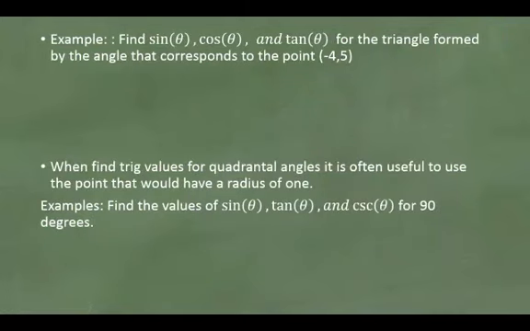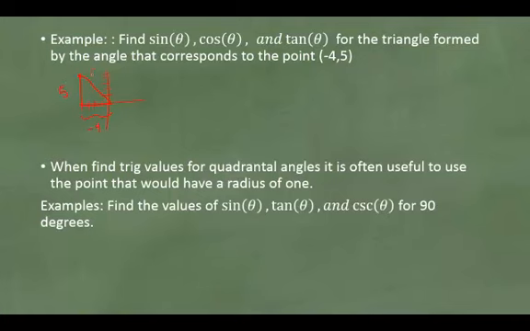Likewise, find the sine, cosine, and tangent if we have a point that corresponds to negative 4, 5. So there's the triangle we're looking at. This is a length of 4, but we're going to use negative 4, and 5 there.